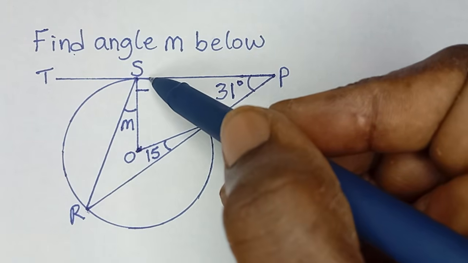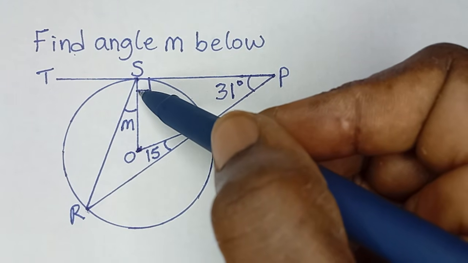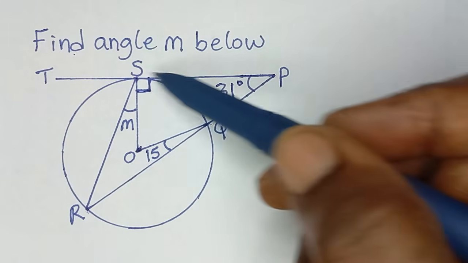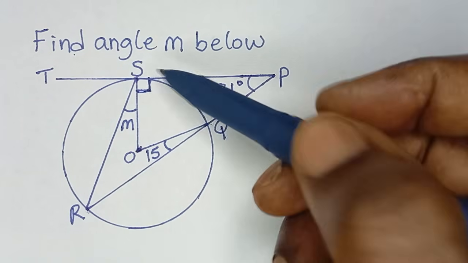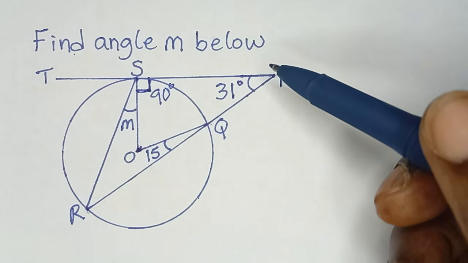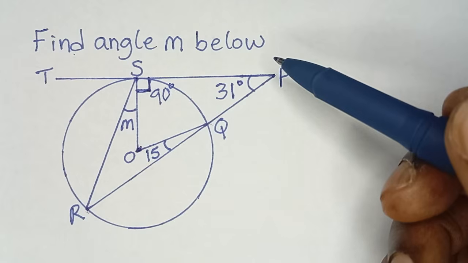Take note of that circle theorem: where a radius meets a tangent is 90 degrees. So that means this angle here is 90 degrees. Don't forget that important theorem.